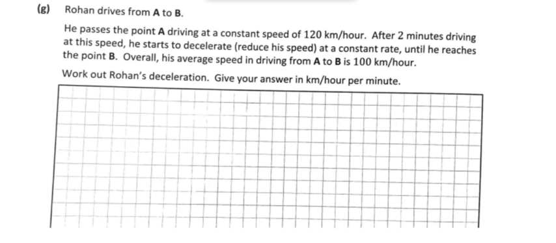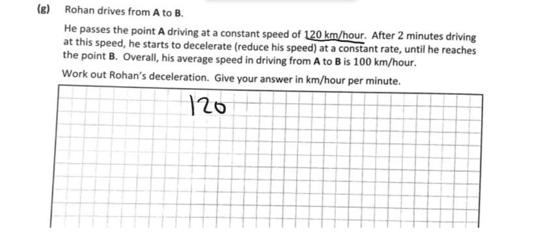Part G then. Right, so this part is very tricky. We can work out the distance that he goes first. He passes the point A driving at a constant speed of 120 kilometers per hour, and he does 2 minutes of that.